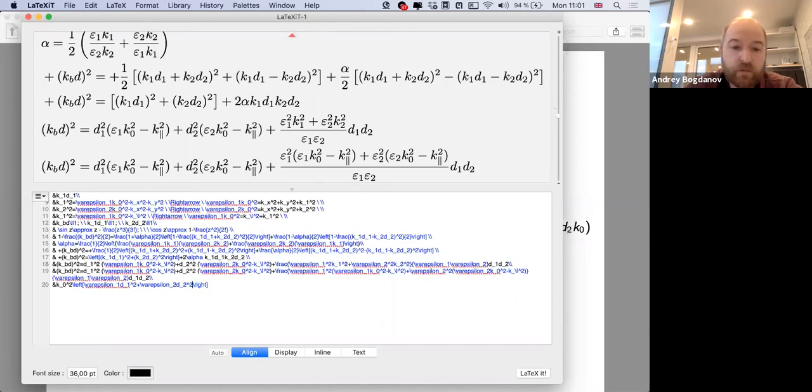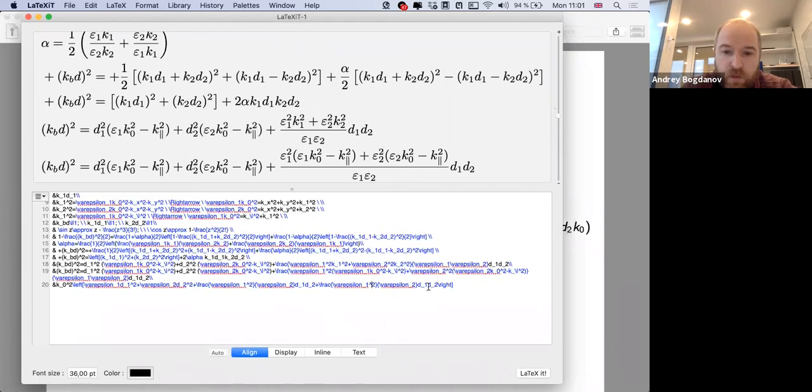Epsilon 1 square over epsilon 2, d1 d2. Here epsilon 2 square over epsilon 1.